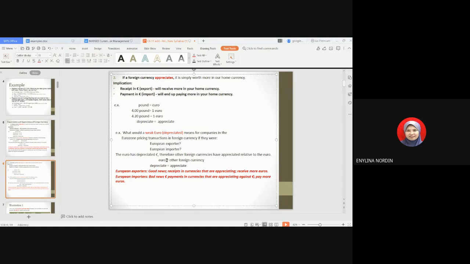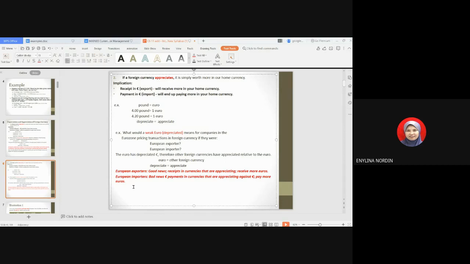If we put it in an equation, one unit of other foreign currency equals a certain amount of euro. With a weak euro, the foreign currency is appreciating. So what happened to the European exporter?